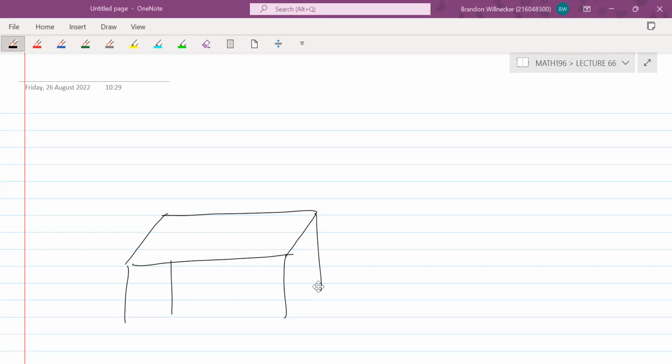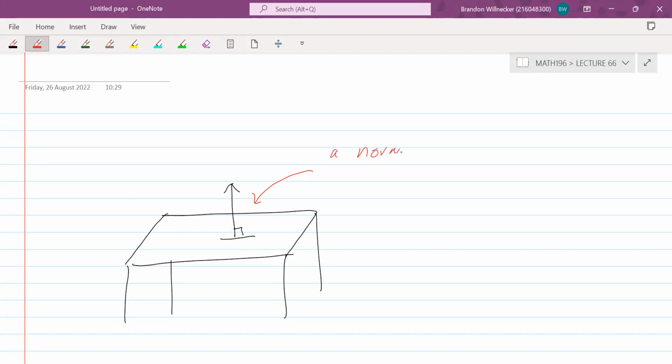We're looking at the surface of this table. A normal vector is a vector that is perpendicular to the surface. So if we look at the top of the table, then a normal vector will be something like this. You see that it's sticking straight up from the table and is perpendicular to the table surface.